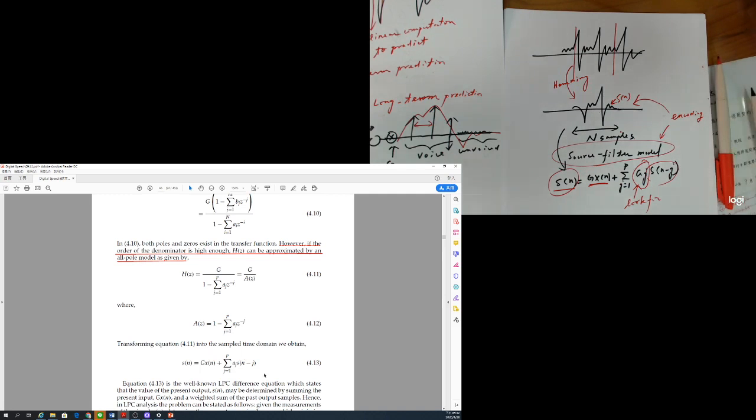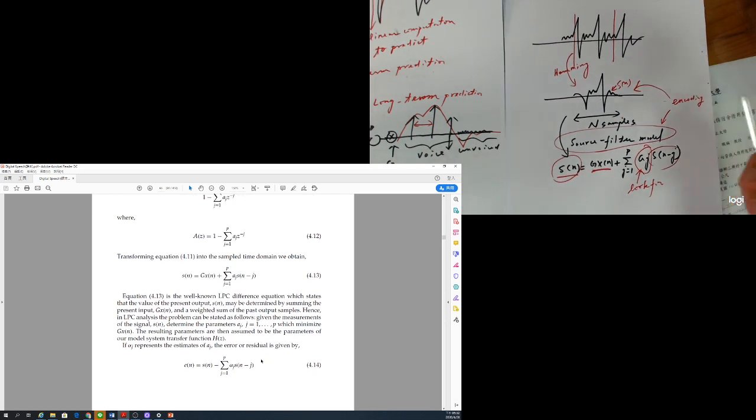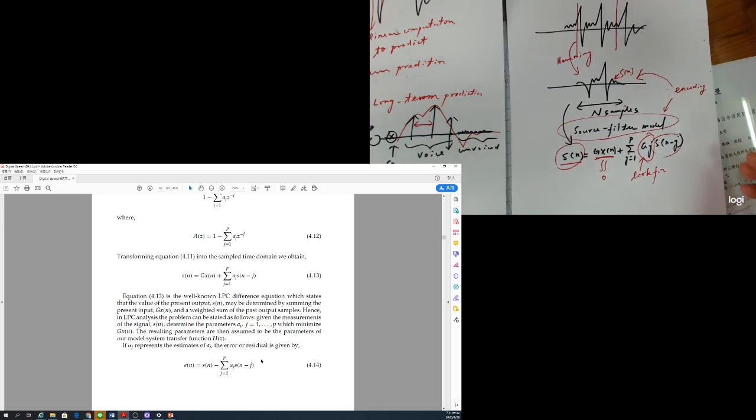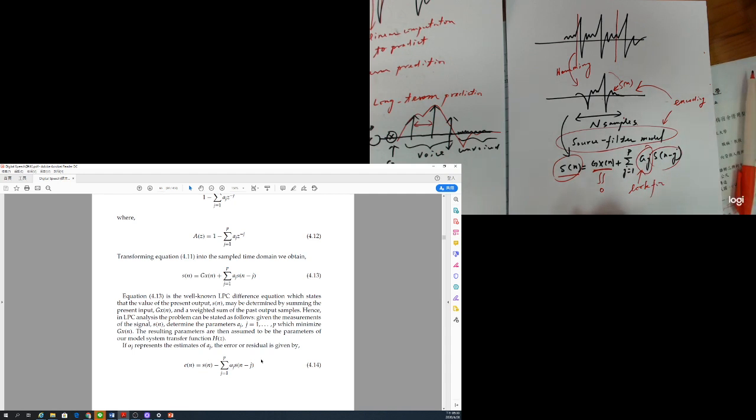Okay, so they simplify the equation. They assume this term is small, close to 0. So from our speech frame signal, we try to find the best match for the coefficients. Our equation becomes S of n minus the sum from k equals 1 to P of alpha_k times S of n minus k.